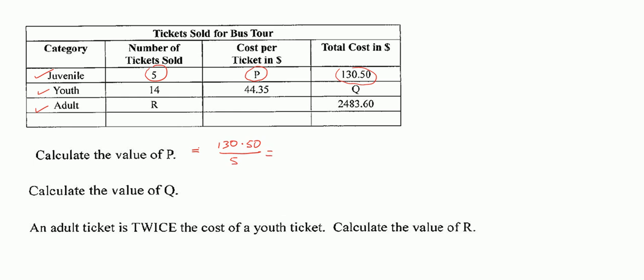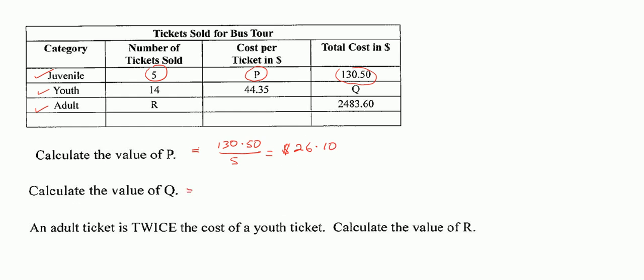So that will give us 130.5 divided by 5, and that gives me 26.1, right? So P is dollars, right? So it's cost per ticket, so it'll be $26.10. So that is the value of P.